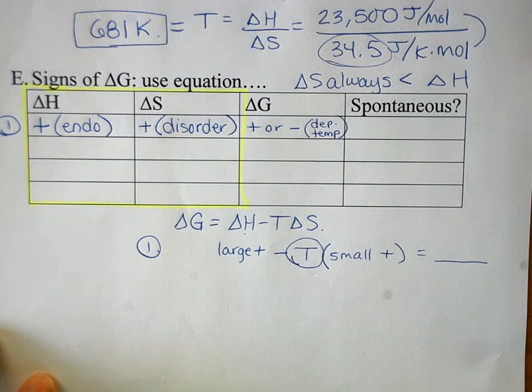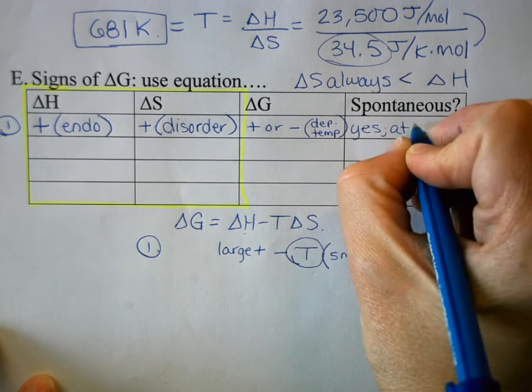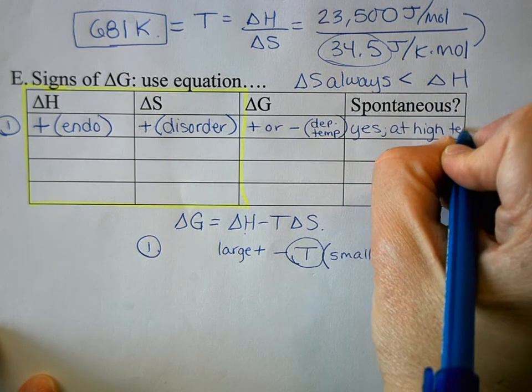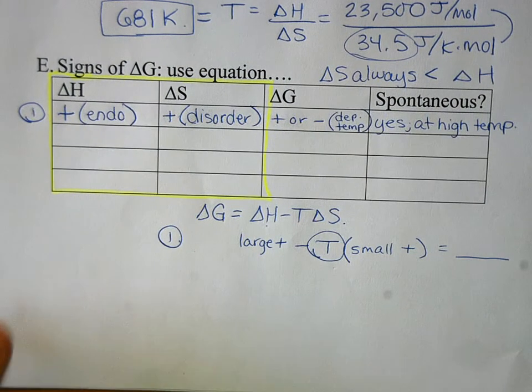And will it be spontaneous? Yes, but only at high temperature values. So if it just so happens that it's under the conditions of high temperature, then it'll occur spontaneously. It's really important to be able to go through this thought process, even without numbers.